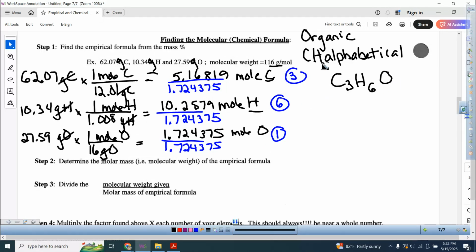When we have organic compounds, you might see carbon and hydrogen with nitrogen and sulfur and phosphorus and oxygen. Just remember that the C is first, then the hydrogen, and the remaining elements in alphabetical order. So what I just found here is called my empirical formula. The percents give you the empirical formula.